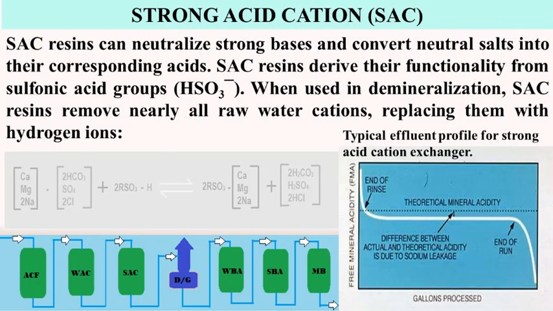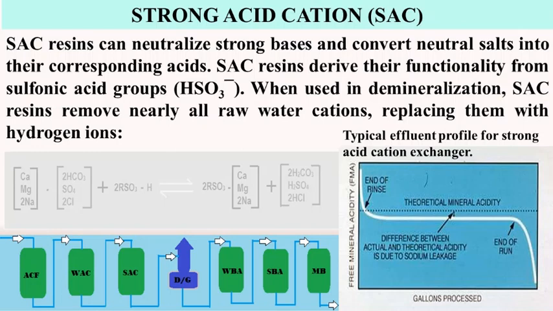Now SAC resins derive their functionality from sulfonic acid groups, that is HSO3. When they are used in demineralization, strong acid cation resins remove nearly all raw water cations, replacing them with hydrogen ions.